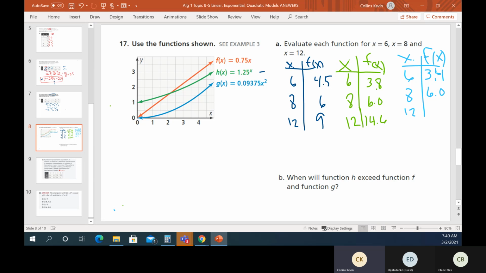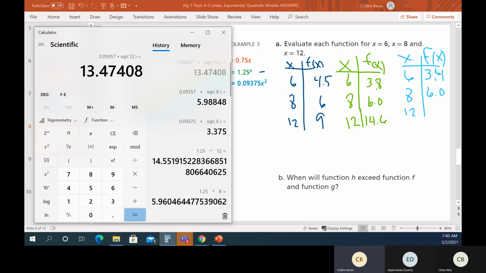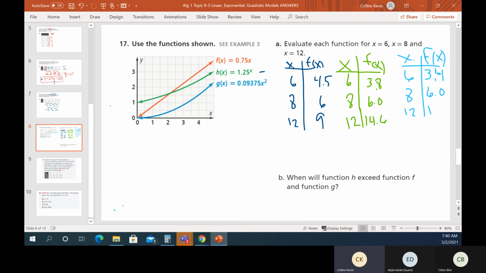Oh, the graph doesn't go that far. It just gives us kind of the intro here. All right, so let's do the last one. So then we clear it out. We do 0.09375 times 12 squared. So that's 13.47.